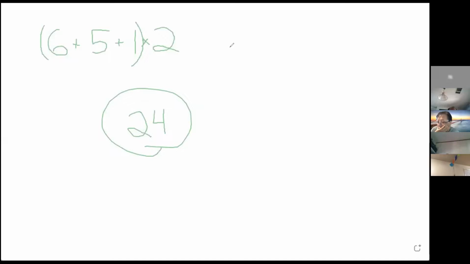Does anyone have a different way to get to 24 with these numbers? And remember, you can mix up the order.